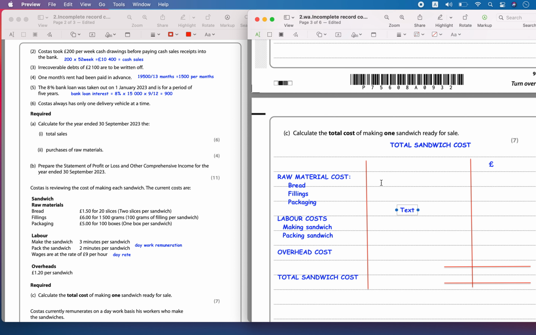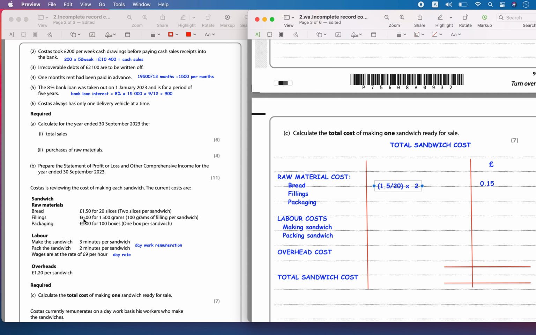So per slice the cost is 1.5 divided by 20, but he needs 2. So 1.5 divided by 20 times 2 is equal to 0.15 pounds.